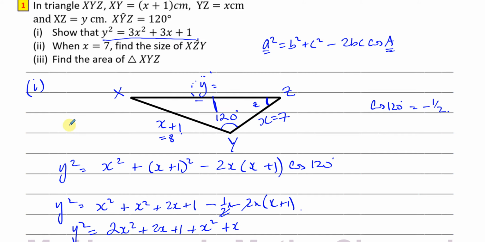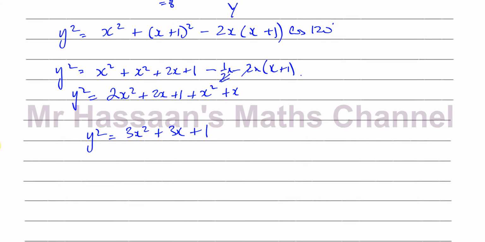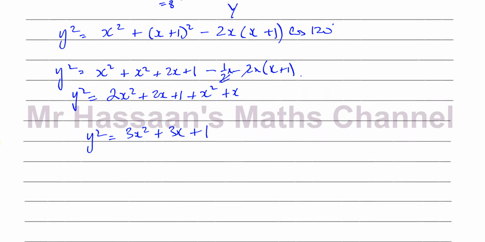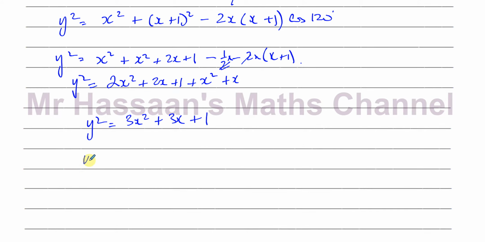Now we know that y squared is equal to 3x squared plus 3x plus 1. So we can say that y is equal to the square root of 3 times, now they said x equals 7, so 3 times 7 squared plus 3 times 7 plus 1.